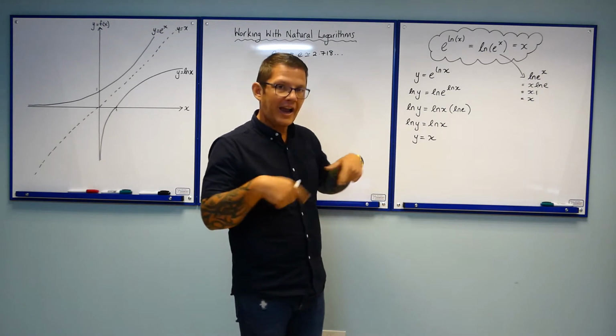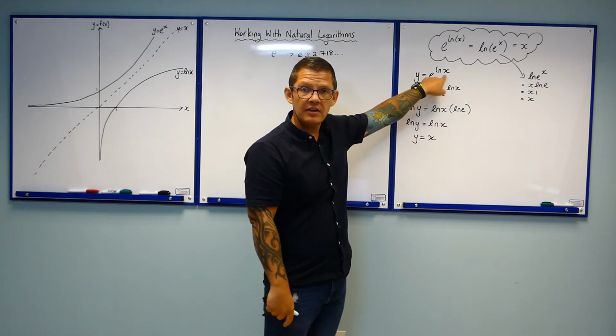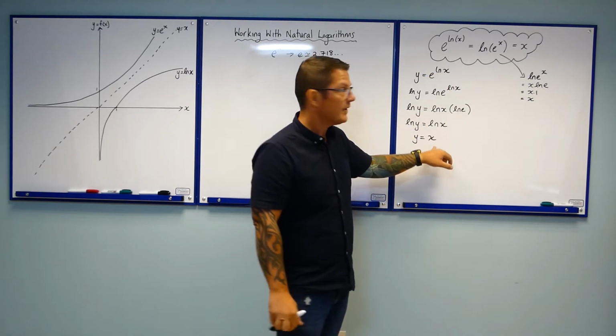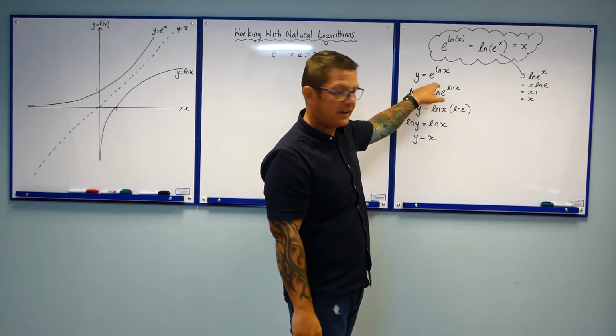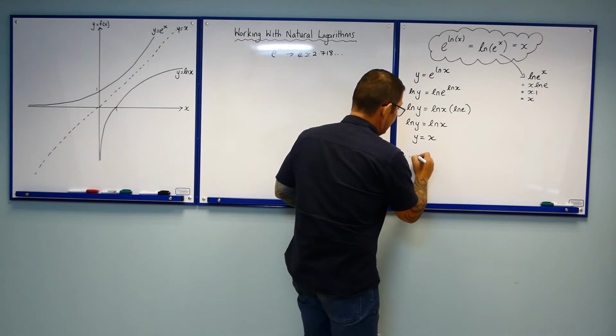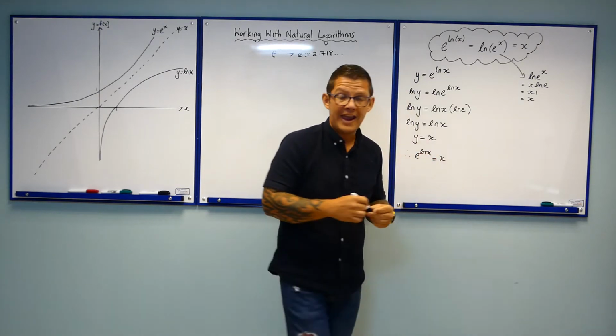And if we look back at our argument, we started off with y being e to the ln x, and with a little bit of algebra we showed that y is also equal to x. So if y is equal to both e to the ln x and x, then it follows that e to the ln x is just equal to x.